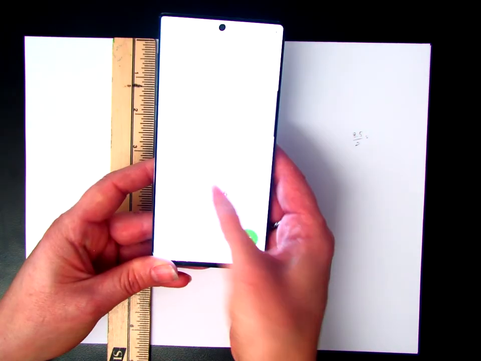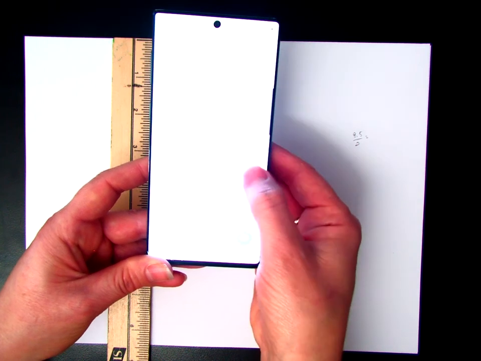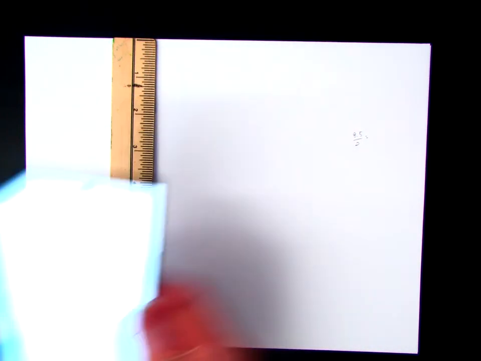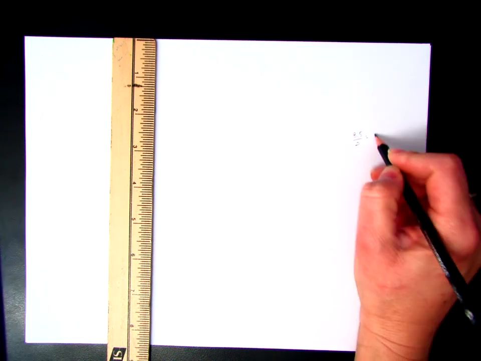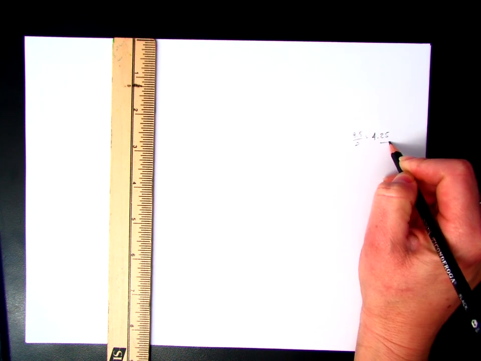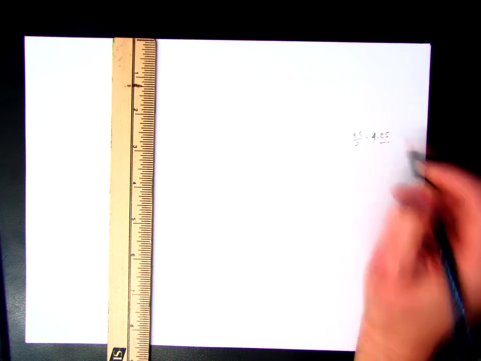So 8.5 divided by 2 is 4.25. So in measurement, 0.25 is 1/4 or a quarter.